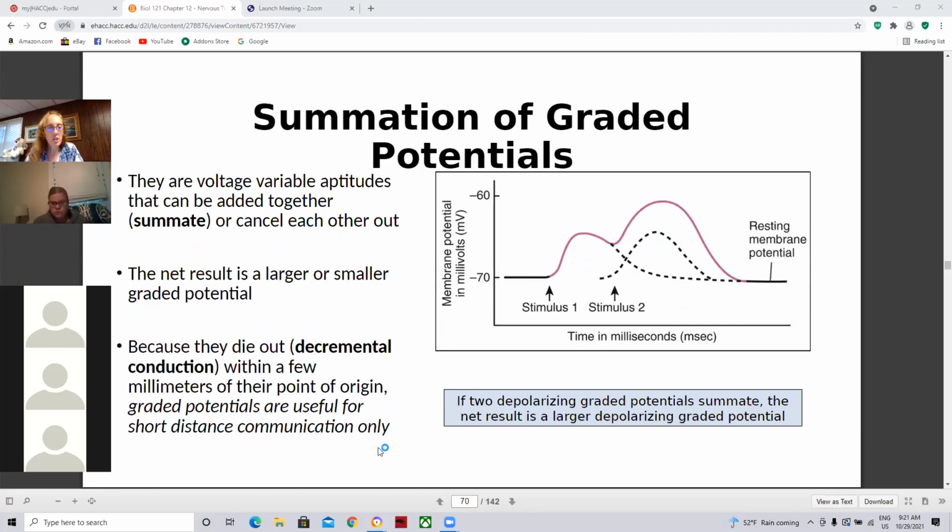Because graded potentials are of varying amplitudes, they're also able to add together, or summate, or to cancel each other out. The net result is that we can have a smaller or larger summated graded potential.